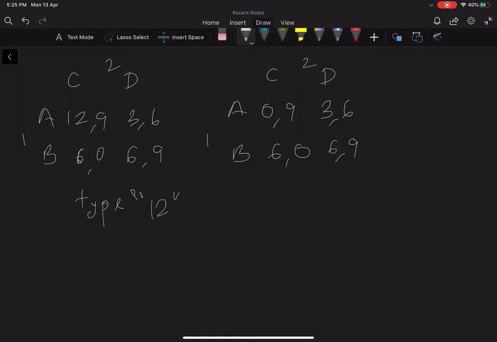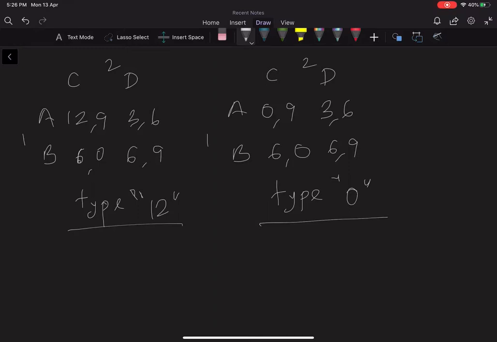Okay, and so this matrix refers to the payoff matrix where player 1 is of type 12, meaning when player 1 chooses A and 2 chooses C, player 1 gets 12, as opposed to the matrix corresponding to type 0 of player 1. Okay, so here the corresponding payoff for player 1 is 0, right?